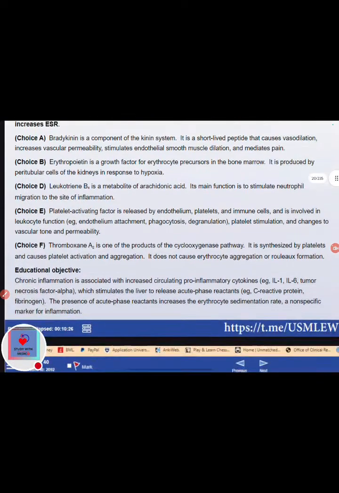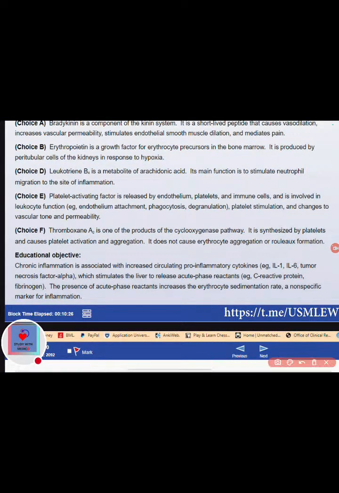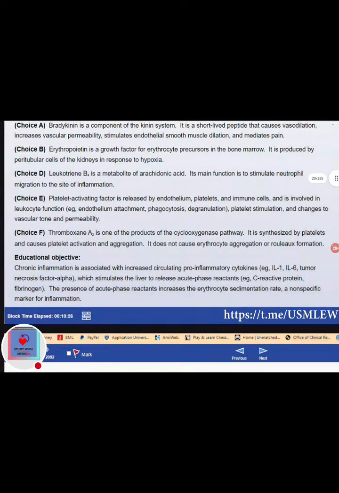Remember this. Leukotriene B4 is a metabolite of arachidonic acid, with the main function to stimulate neutrophil migration to the site of inflammation. Understood? They stimulate neutrophils to come to the site of inflammation.